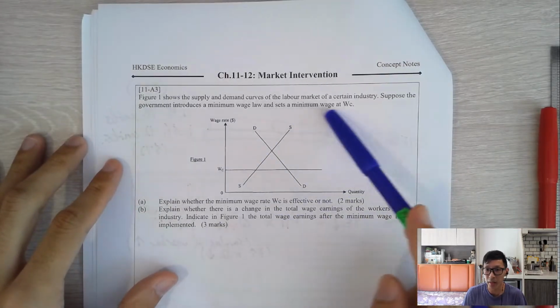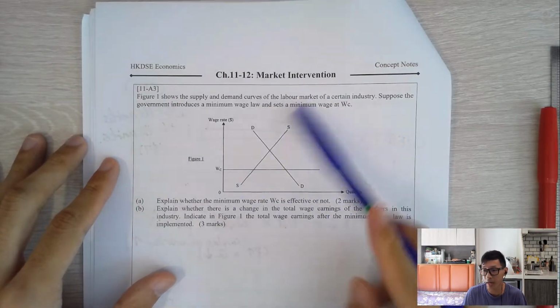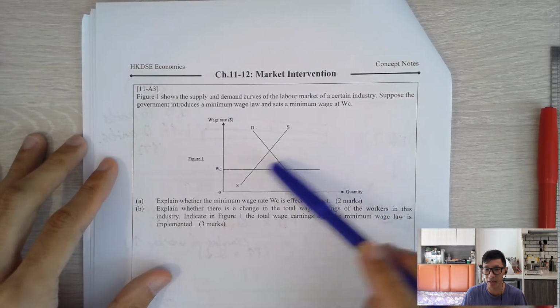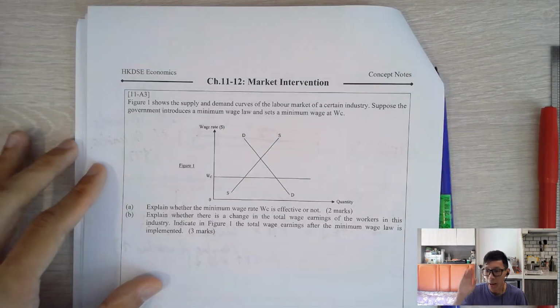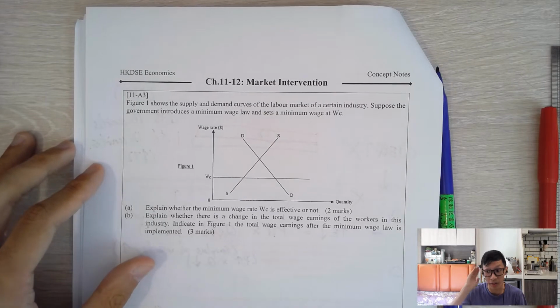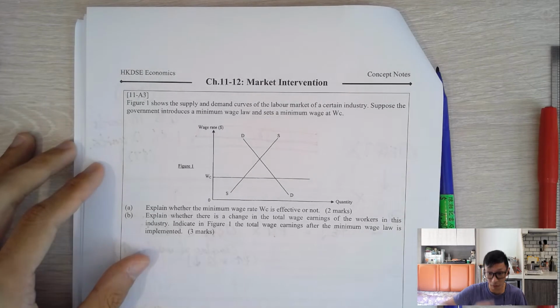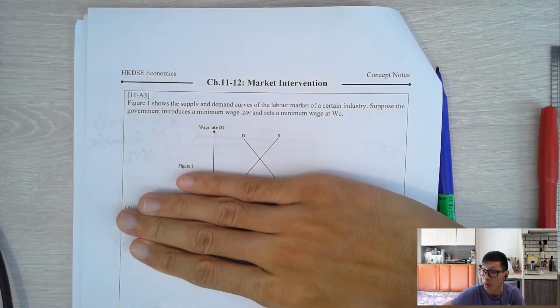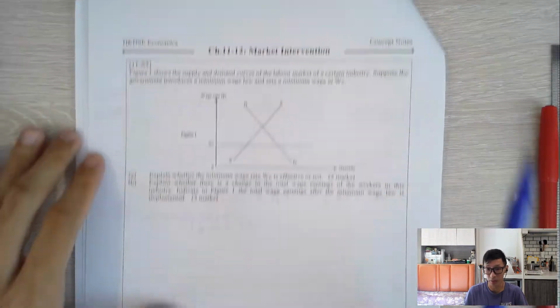OK， and here we have one more. OK，demand supply of a labour market 原先 labour market。嗱 suppose the government introduce a minimum wage and set it at WC。OK，minimum wage。嗱我哋講緊 minimum 啦，so is a price floor。So let's put our hand here。呢個仲見到交叉喎，is it effective? No, it is not effective.